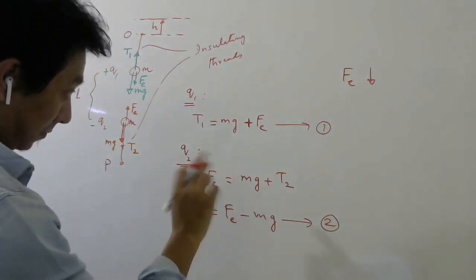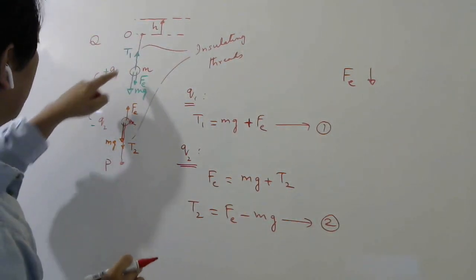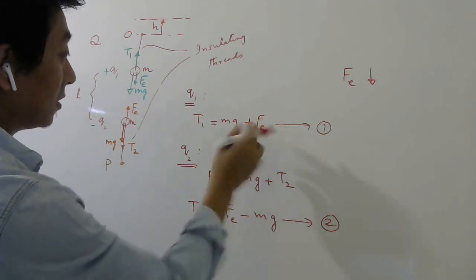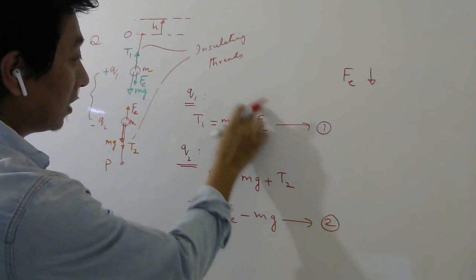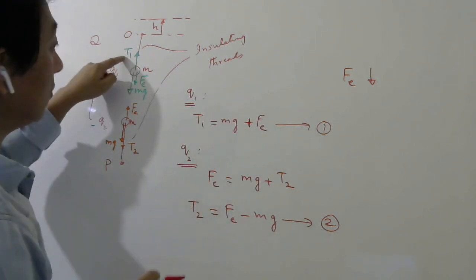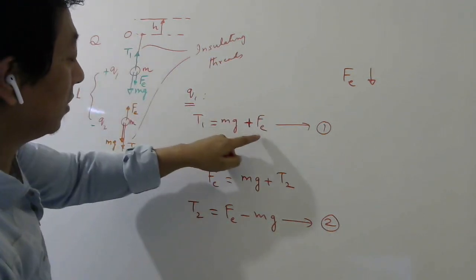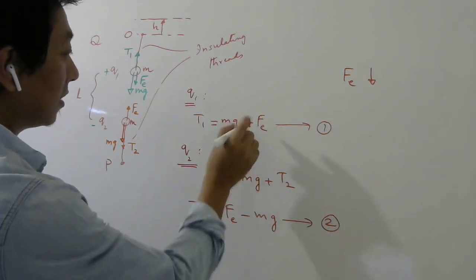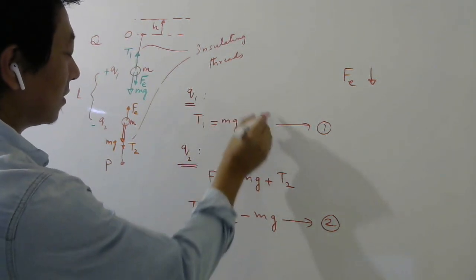If this, did I do correctly here? T1, yeah. So if this decreases, still this will be positive only. So tension here will decrease, right? Okay. So if this decreases, then this whole thing will decrease.